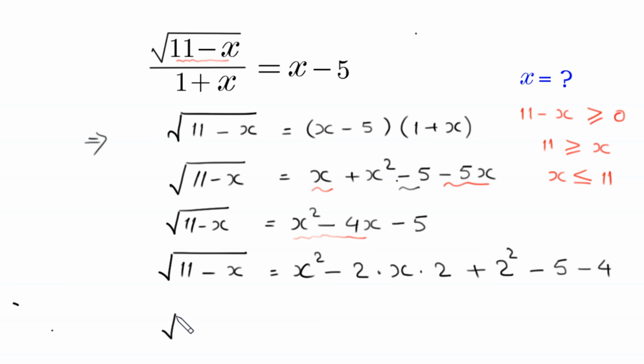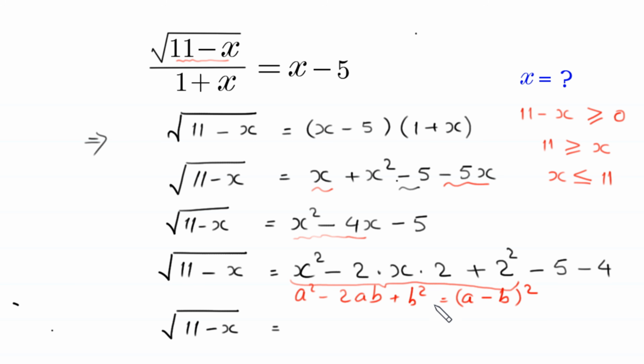Next, square root of 11 minus x is equal to, by using this algebraic identity, a squared minus 2ab plus b squared is equal to a minus b whole squared. This x squared minus 2 times x times 2 plus 2 squared will become x minus 2 whole squared, and this negative 5 minus 4 will become negative 9.